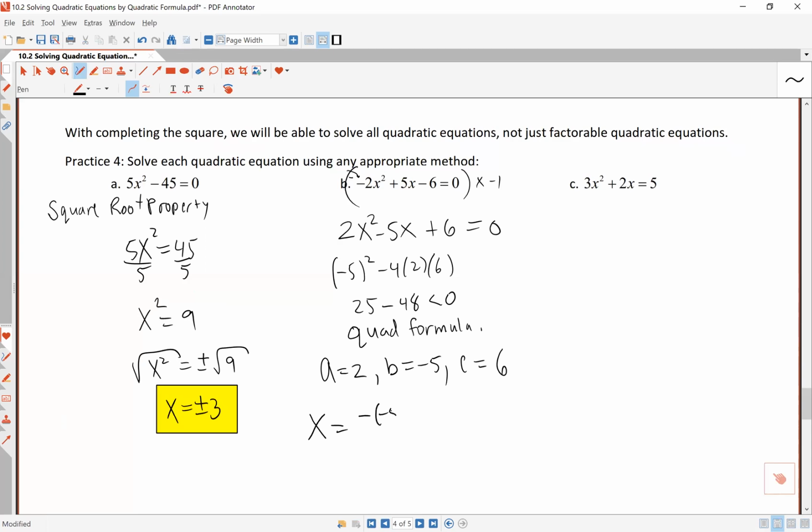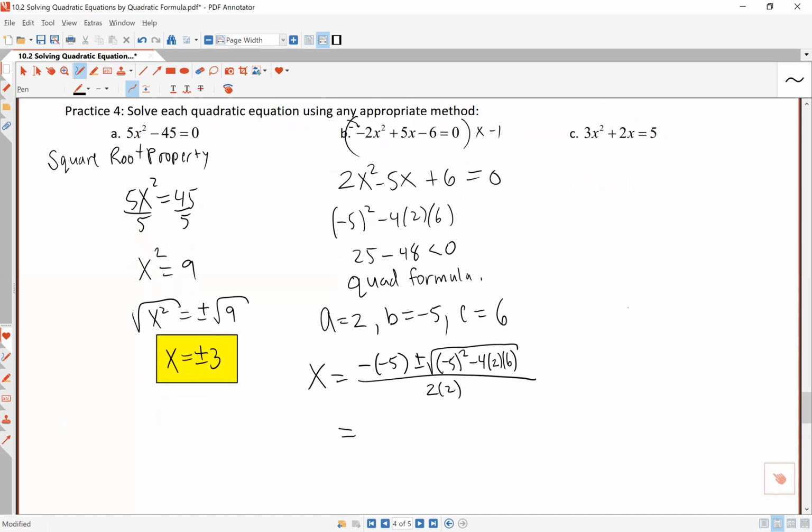X is equal to the opposite of B, plus or minus the square root of B squared minus 4 times A times C, divided by 2 times A. This gives me 5 plus or minus the square root of 25 minus 48, which we already found, which looks like -23, all divided by 4.